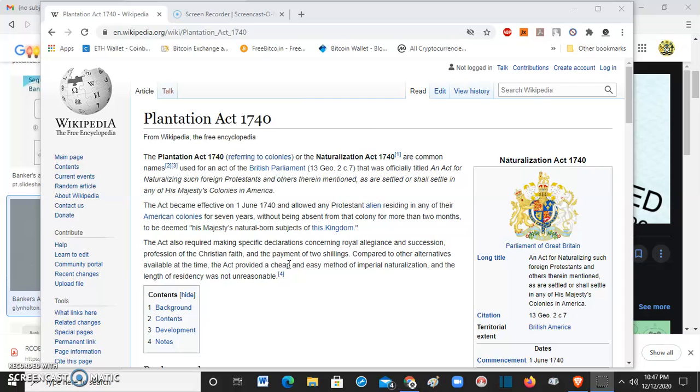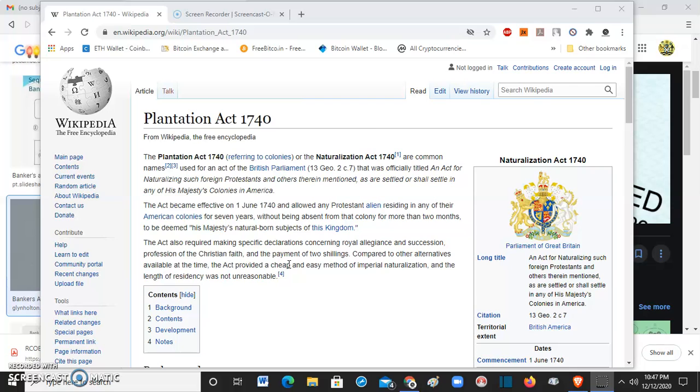The act became effective on the 1st of June 1740 and allowed any Protestant alien, an offshoot of the Catholic Church, the ones who didn't like the way the Catholics did their stuff. So pretty much everything is based on religion.